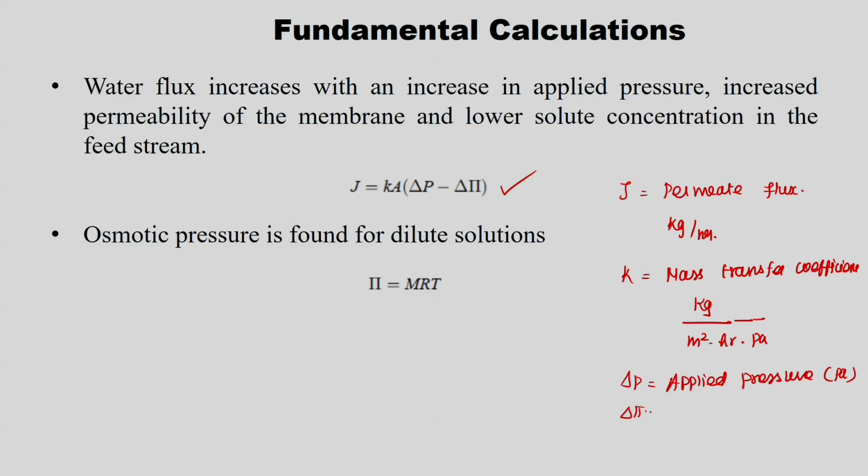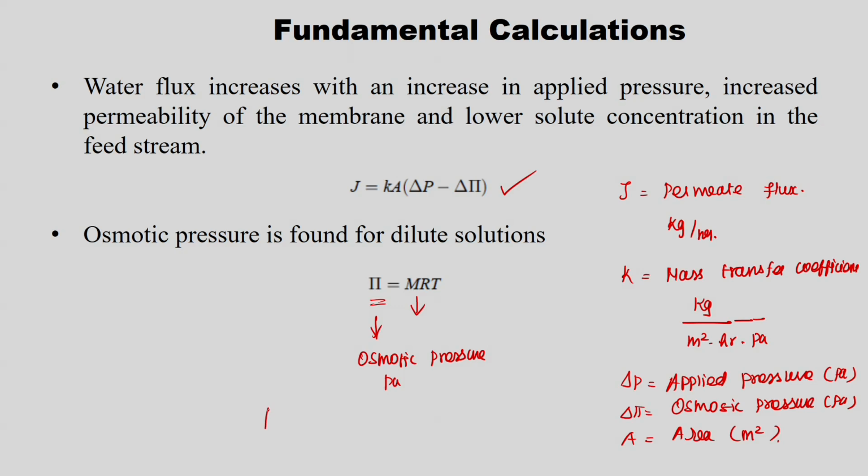del pi is your osmotic pressure, also in Pascal. A is the area, in meter square. Pi is the osmotic pressure, equal to M R T. M is the concentration, in kilomoles per meter cube.